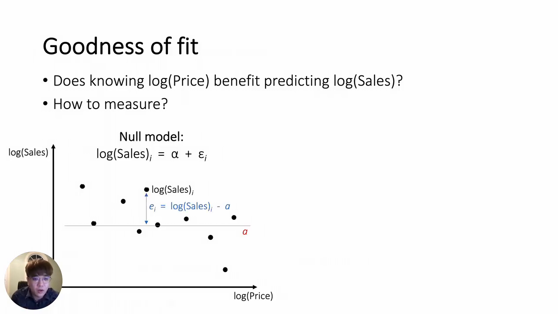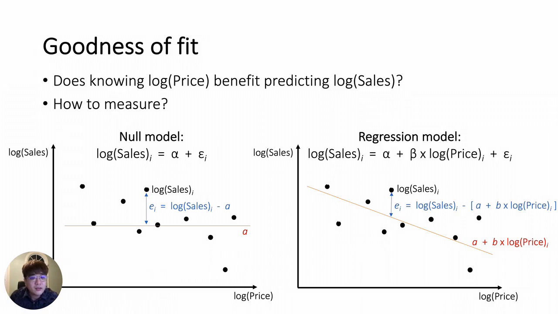If we don't know the independent variable, which is the log price in this example, the dependent variable, the log sales, is just explained by its mean, denoted alpha, and error. Let null model denote this specification. And this is the regression model with the independent variable, the log price.